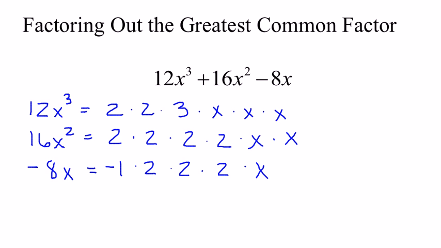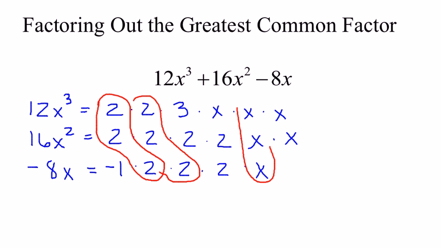So now let's circle what they all three have in common. They all have a 2 in common. They also have another 2 in common. And it looks like they have an x in common. And we don't see anything else that all three of them have in common.